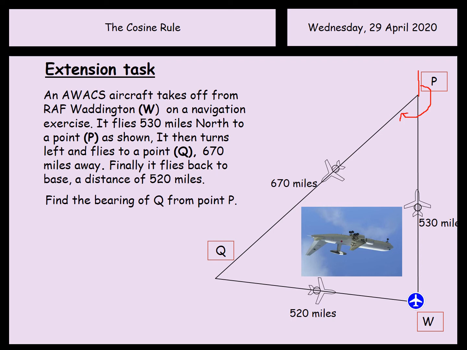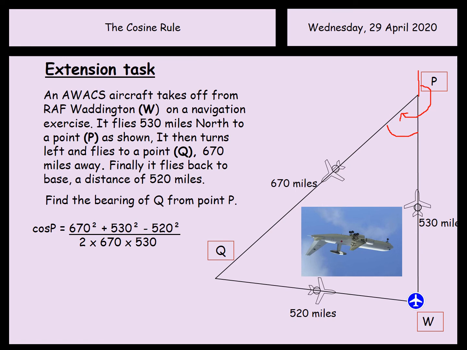Now we don't have any information for this, so what would be useful is to work out this angle and add it up to 180, and that's going to get us our bearing. So I wonder if you've got enough information here to be able to use the cosine rule to find this angle and then add that angle to 180. And say if you want to pause the video at this point and give this one a go, I'll show you the solutions to this in a second.